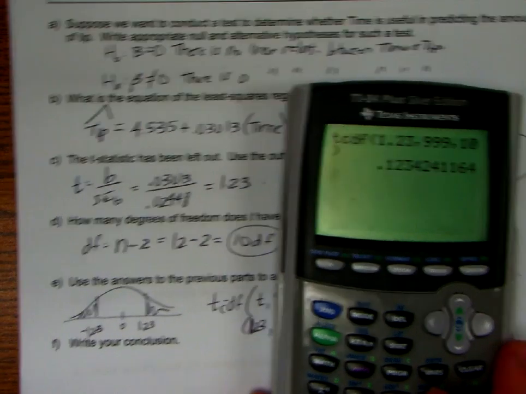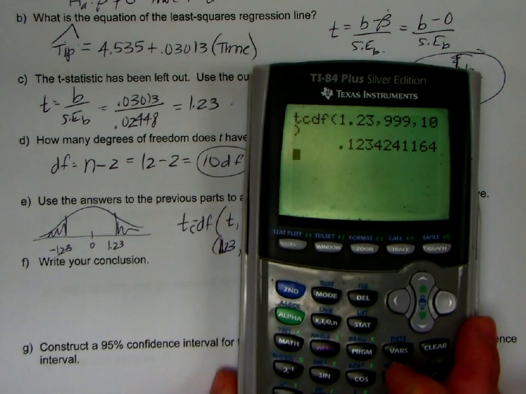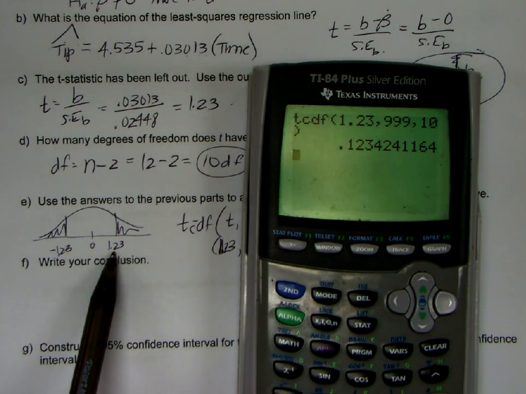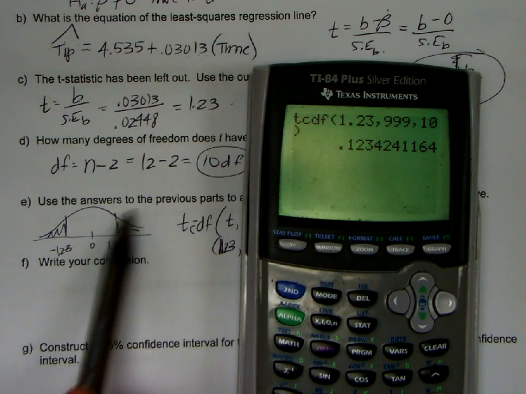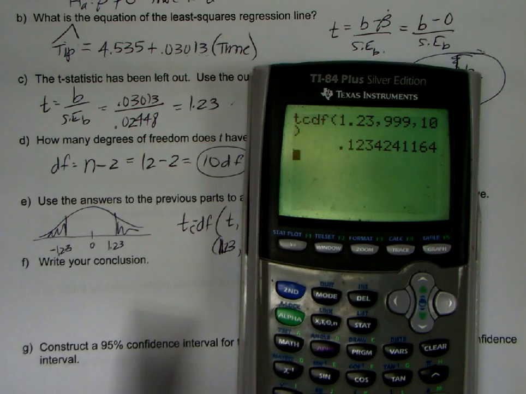Now look at the picture. 1.23, comma 999 gives us this area. We need this area too. So hopefully you're thinking we should multiply that by 2.